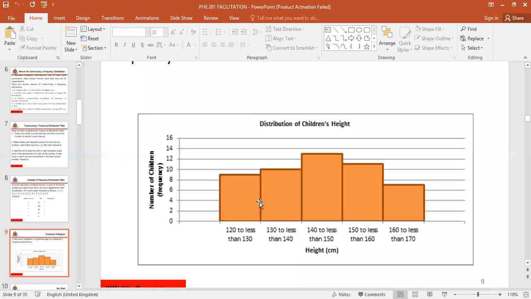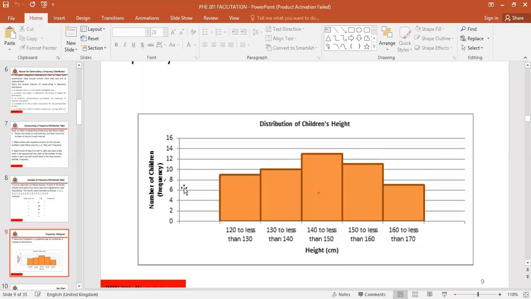Now, you can see that there is something peculiar to this. For those children that fall within 120 to less than 130 centimeters height, you see that they are like 9, because if you look at the frequency, that is the y-axis, and trace it down, though we may not be able to get the exact point because we are not using graph paper, it is obvious that this falls between 8 and 9, which can be assumed to be 9, although it may not necessarily be 9, but we are just making an assumption.